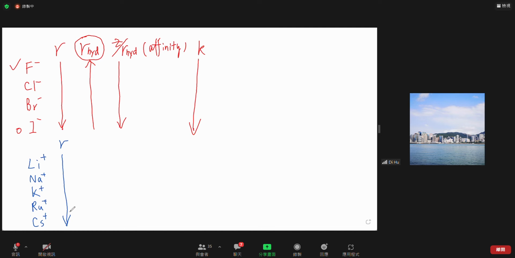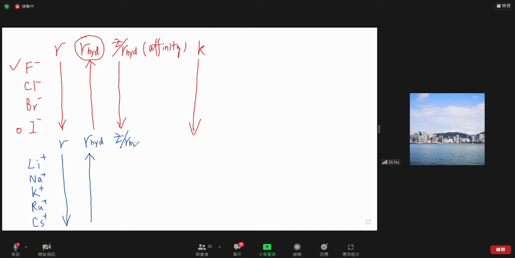So it can attract more water molecules to surround it. So for its hydrated radius, because it attracts more water to surround it, we go this way, right? See it? Okay, follow?